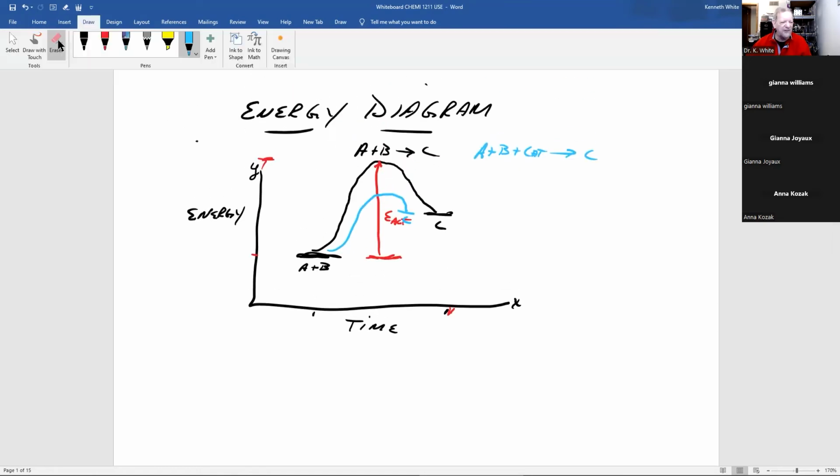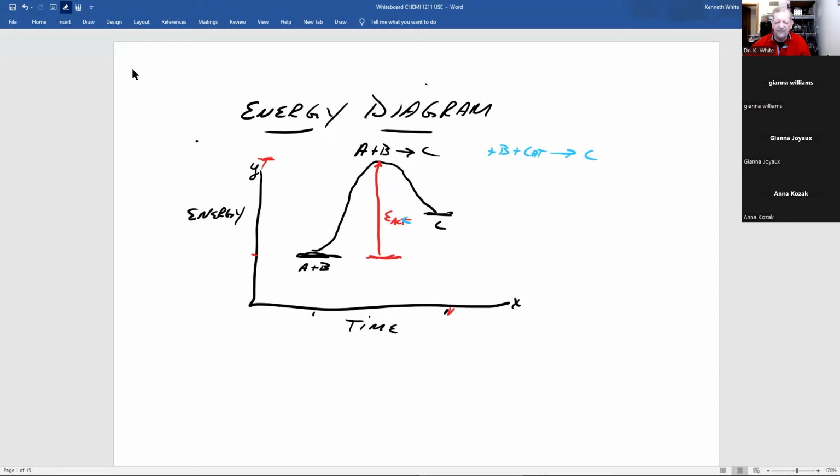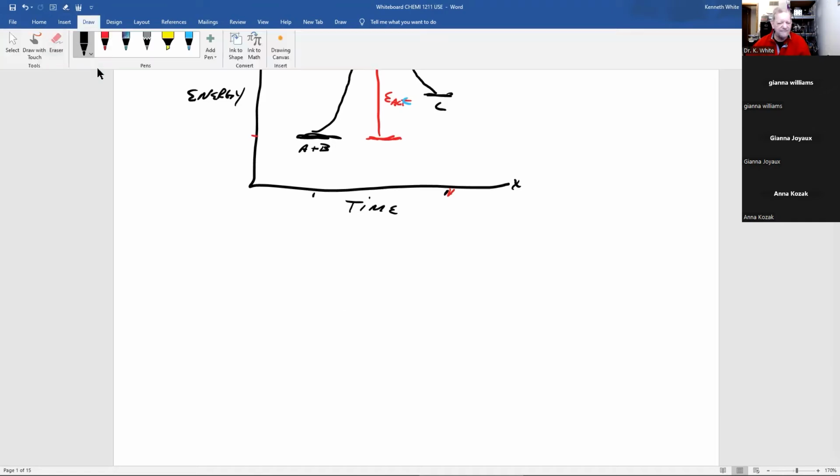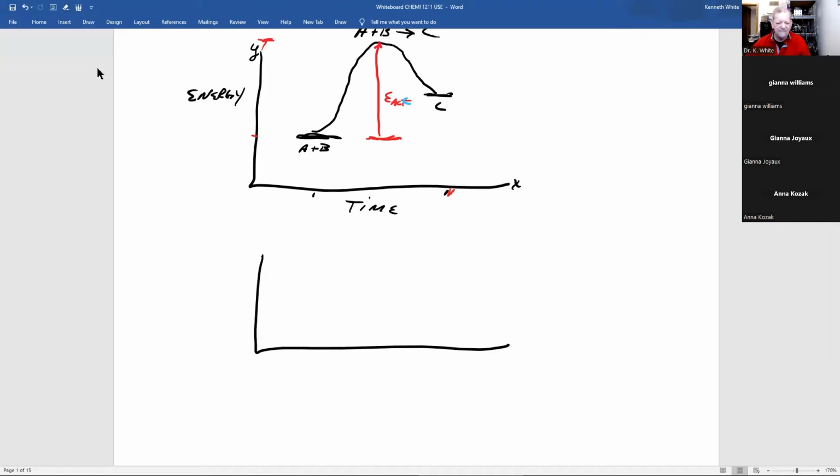I should not be lazy. And the catalyst really doesn't interact to form the energy, so I really shouldn't have this here.